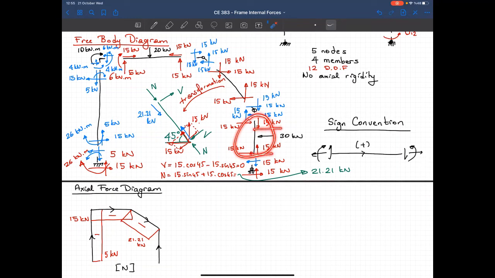It's under axial force 15 kilonewtons, compression, so it's minus again, minus 15 kilonewtons. Now we are done with the axial force diagram. Now let's draw the shear force diagram, or the shear diagram.